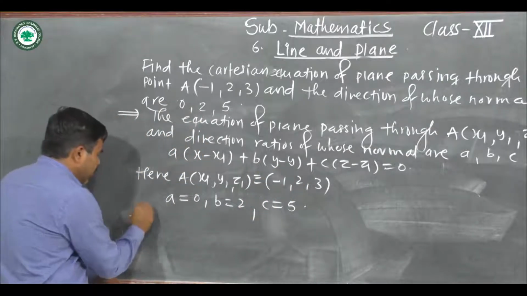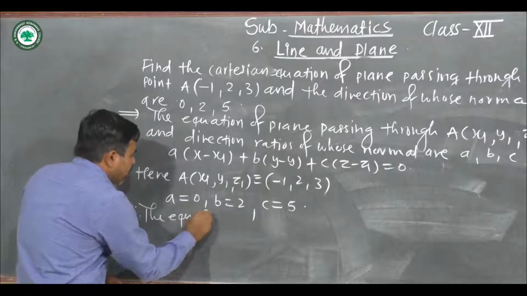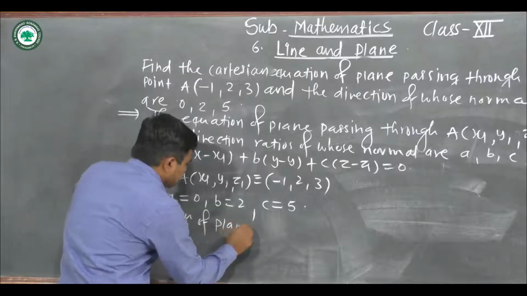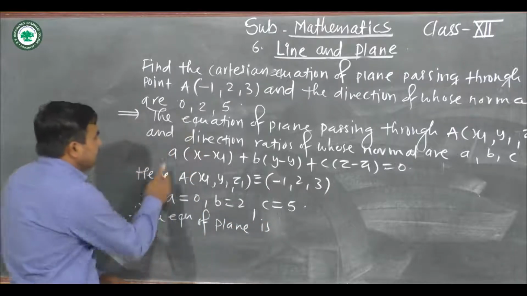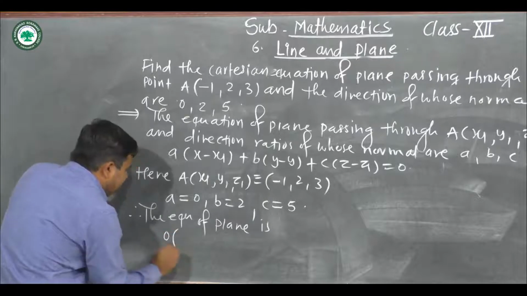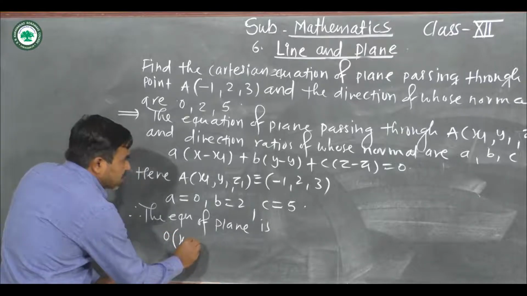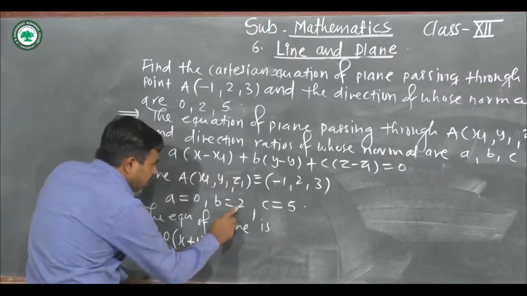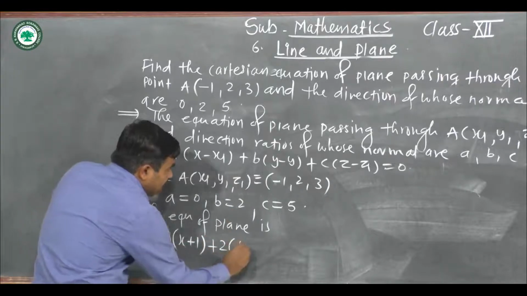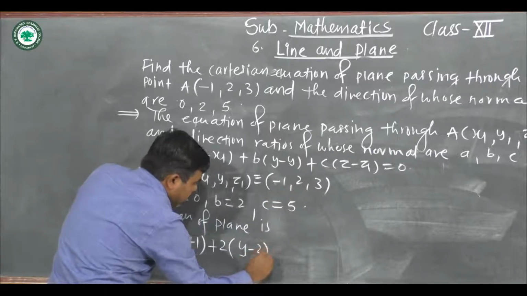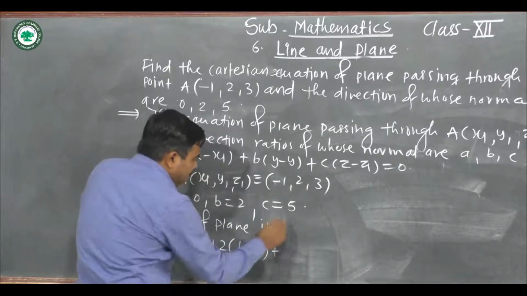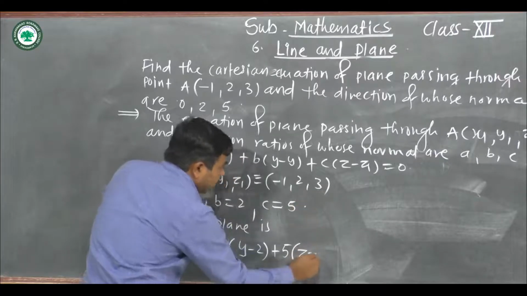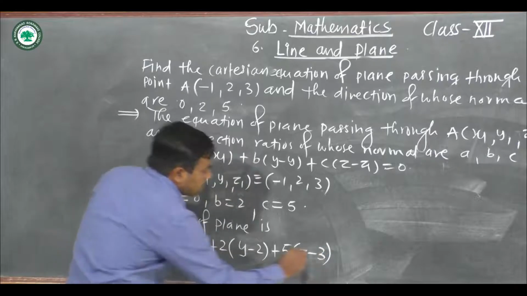So therefore, the equation of the plane is A, what is A? 0 in bracket, x minus x1, what is x1? -1, minus minus becomes +1, plus B, which is 2, into y minus y1, what is y1 here? 2, y minus 2, plus C, what is C? 5 in bracket, z minus z1, which is 3, is equal to 0.